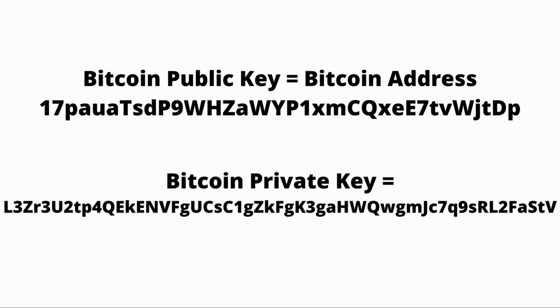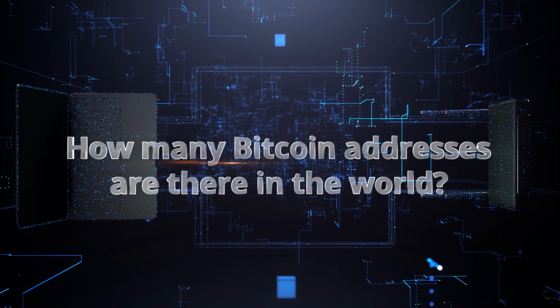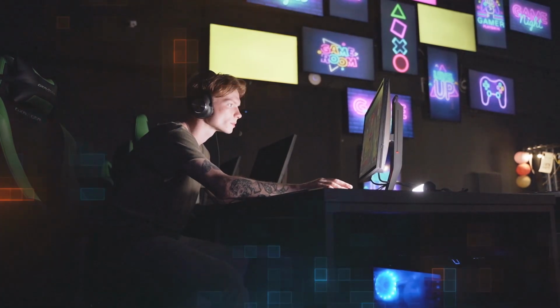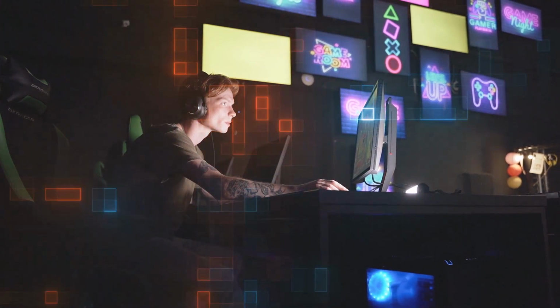So when someone is creating a new Bitcoin wallet, under the hood, it means a new private key is generated. This key will be chosen completely randomly, and every time you choose a new wallet, a new private key is generated. You might be wondering, how many Bitcoin addresses are actually in the world? And isn't it possible that some people might just generate the same address?